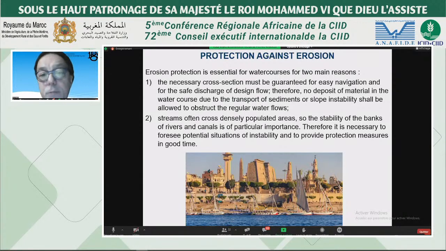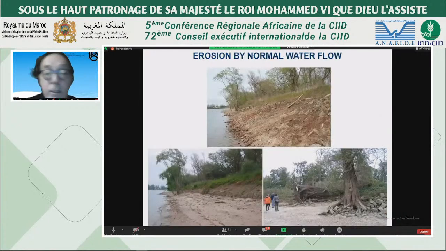Deuxièmement, lorsque des flots d'eau passent à travers des régions densément peuplées, avec risque de pollution, des protections doivent être implémentées pour protéger la population.